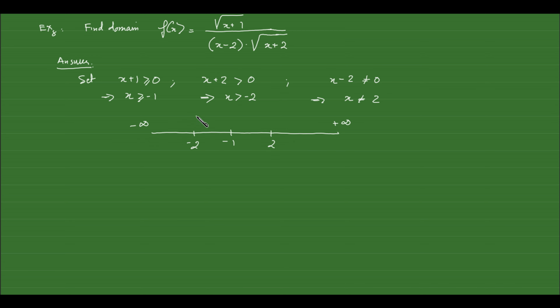First let's do -1. Here we want to include it, so it's a closed circle, a dot. However, over here we don't want to include it, so this is an open circle.